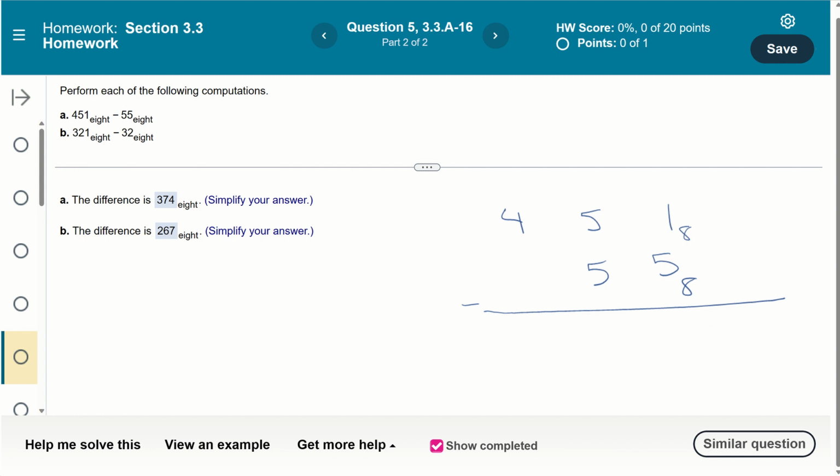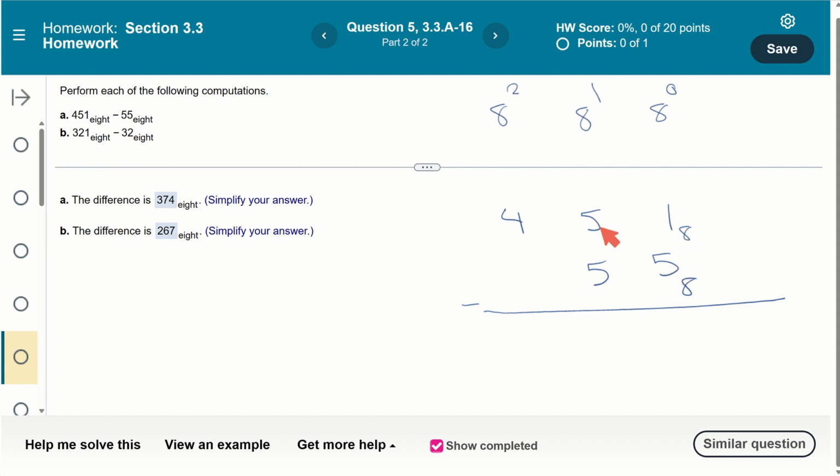Now, remember that the place values here for the first digit are 8 to the 0, or units, right? The next one over is 8 to the 1s, and the next one over 8 squared, right? So now I know that I can't subtract 5 from 1, right?